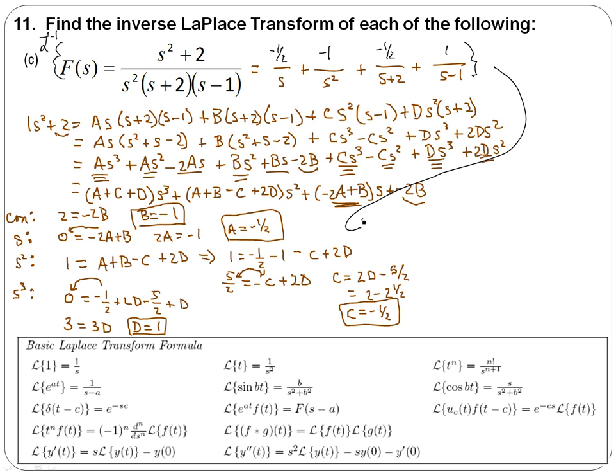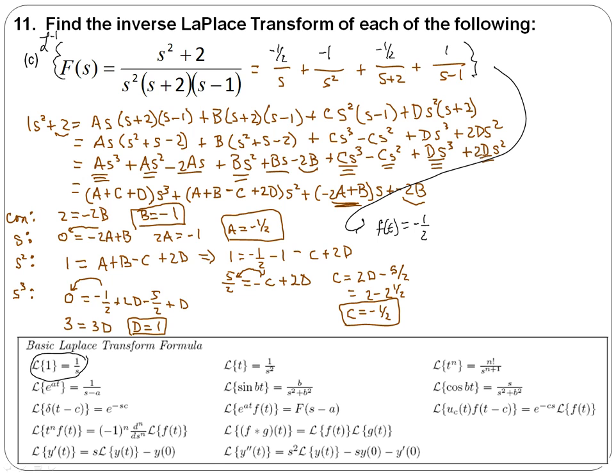and I think I have room down here, the inverse Laplace of F of s is f of t. And then for each one of these, you're going to bring the coefficient out. So I'm going to get negative 1/2 times the inverse Laplace of 1 over s. And the inverse Laplace of 1 over s is just 1.